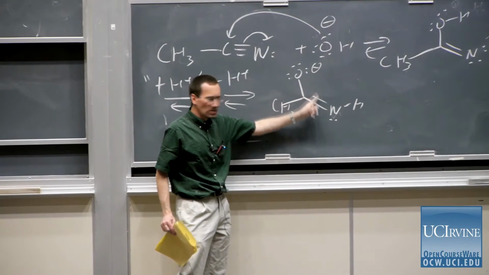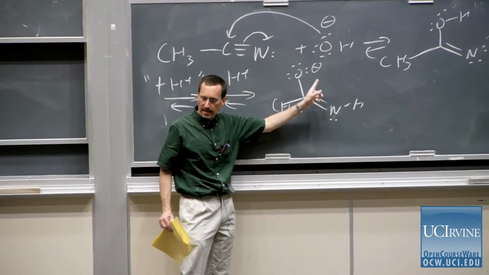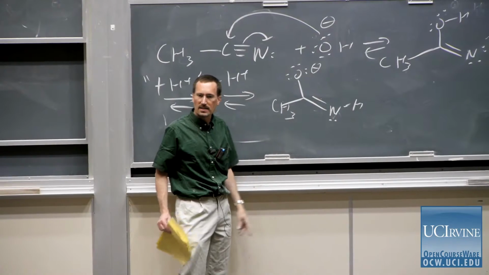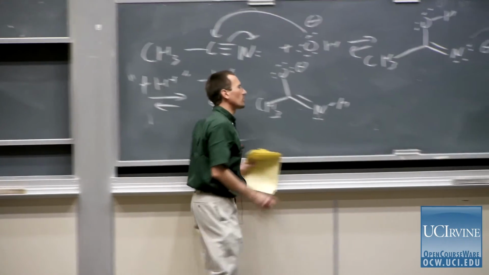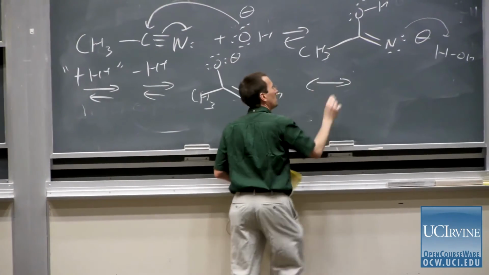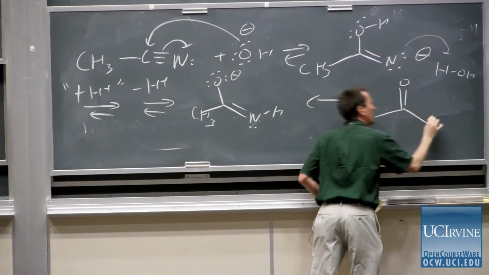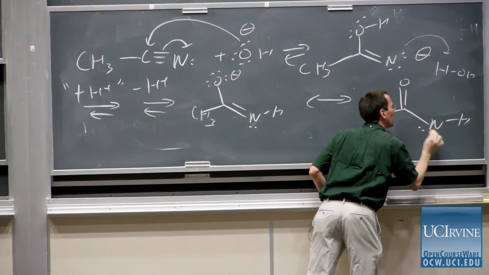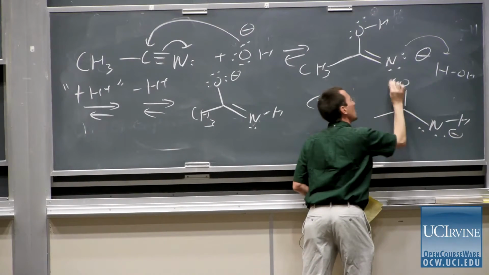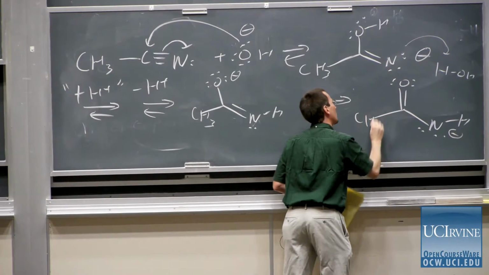And so this structure here is really just the analog of a carboxylate. In other words, there are two resonance structures here, and so we have two equivalent resonance structures.